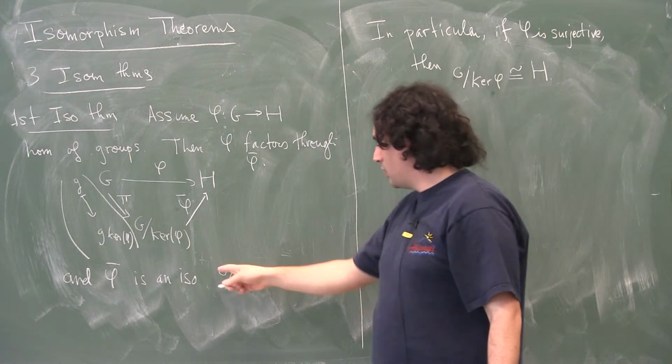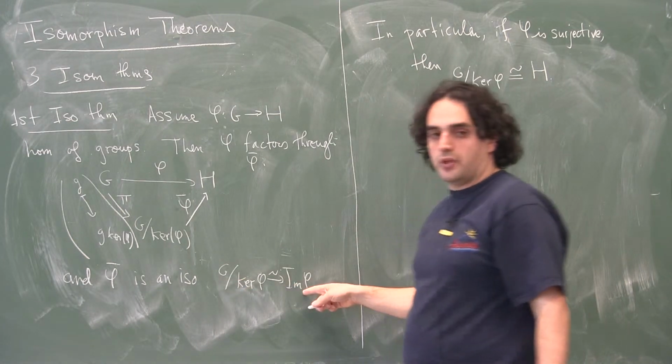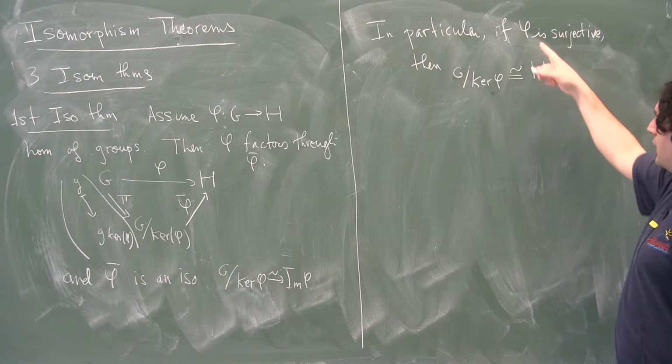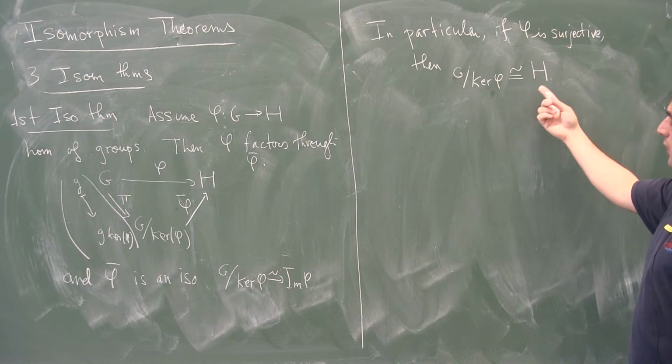So in general, G modulo the kernel of phi is isomorphic to the image of phi, but if phi is surjective, then the image of phi is H.